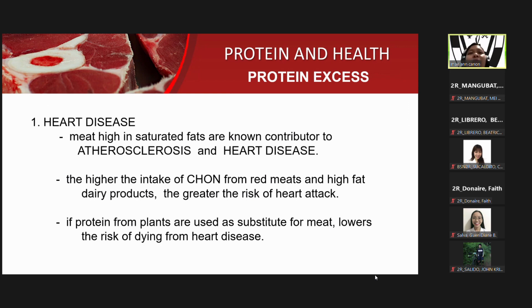The higher the intake of protein from red meat and high-fat products, the greater the risk of heart attack. If protein from plants is used as a substitute for meats, it lowers the risk of dying from heart disease. Protein from plants is healthier compared to red meat, which is high in fat, so there is a lesser risk of heart problems.